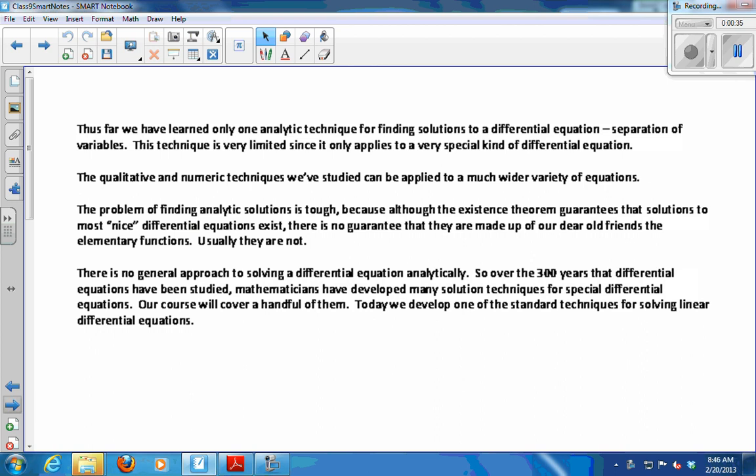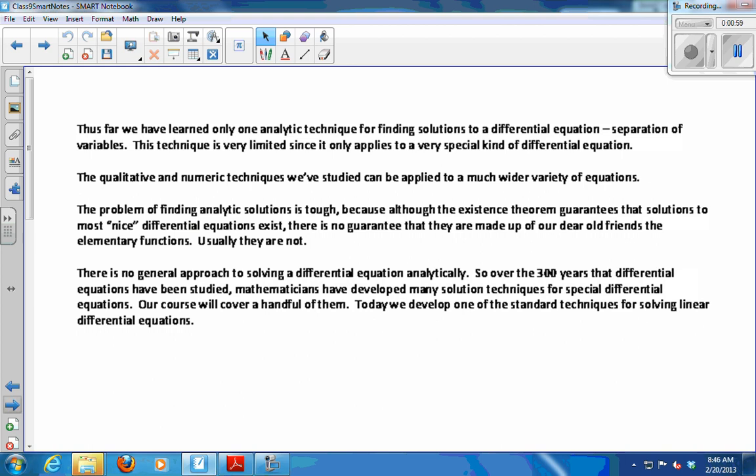And so it would be nice if we could expand our ability to find analytic solutions, find a formula for the solution. But this is a really tough problem because although the existence theorem guarantees that solutions to most nice differential equations exist, what do I mean by nice? Continuous, yeah, good.